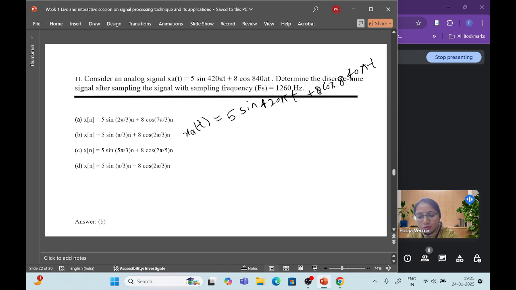As already told, t is equal to nTs and Ts is equal to 1 by Fs, so t is n by Fs.